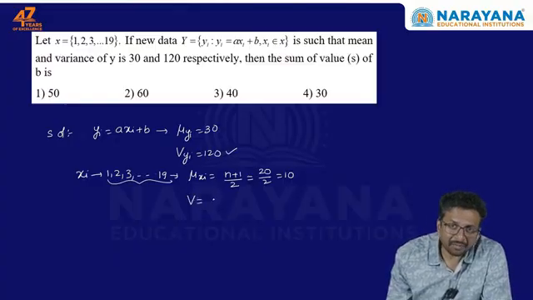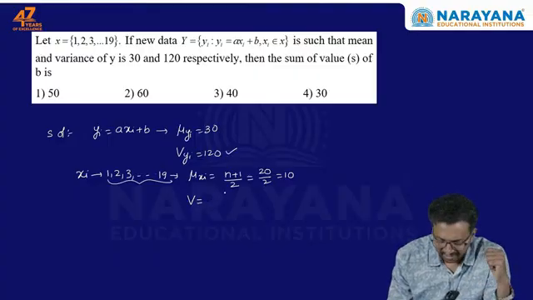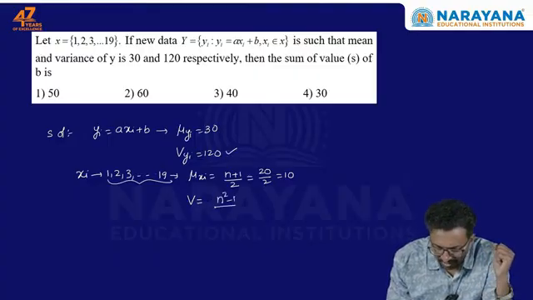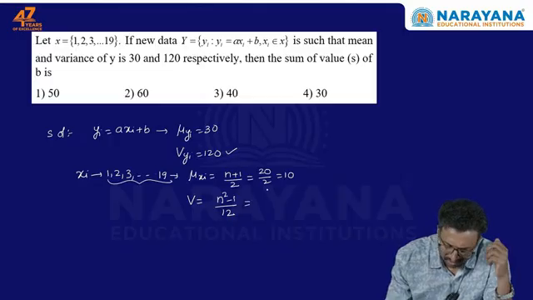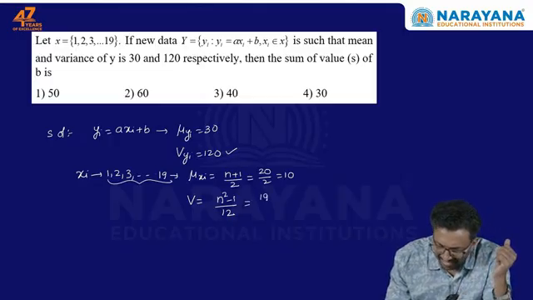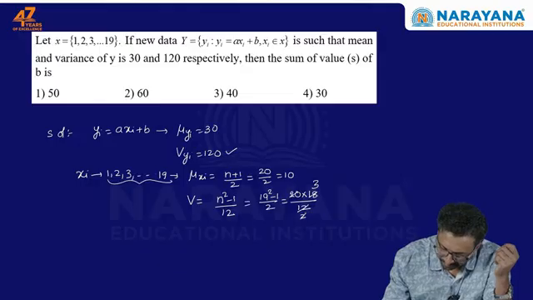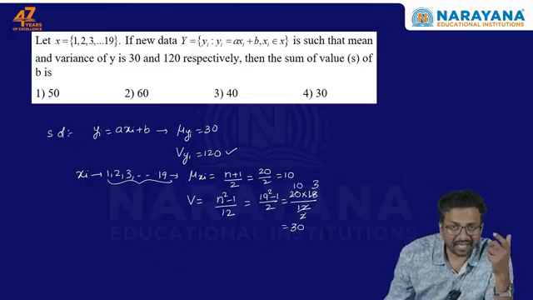There is a shortcut formula for the variance of the first n natural numbers, which is n square minus 1 by 12. There are 19 numbers, so 19 square minus 1 by 12. A square minus b square is a plus b into a minus b, by 12. So 30 is the initial variance of the xi's.